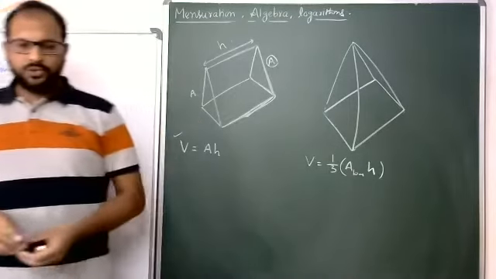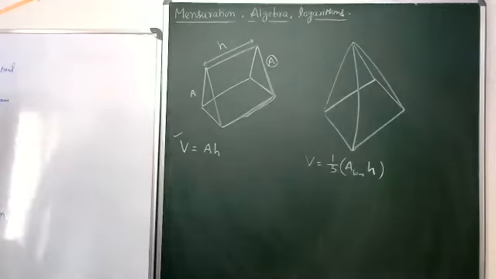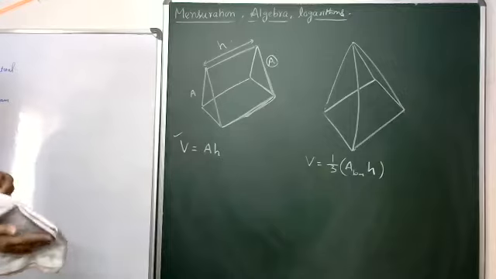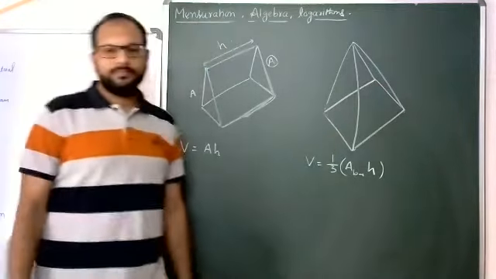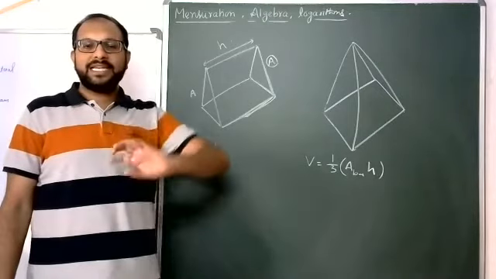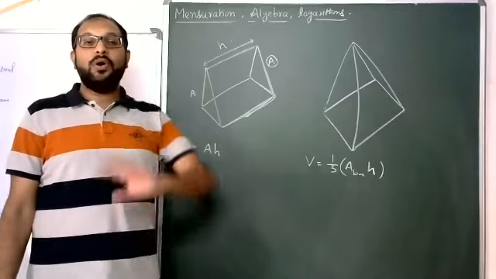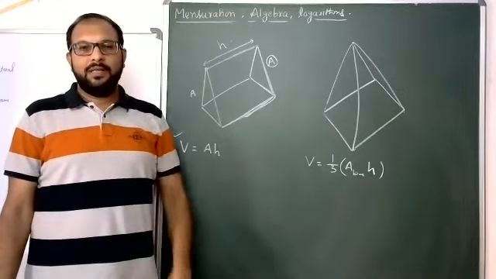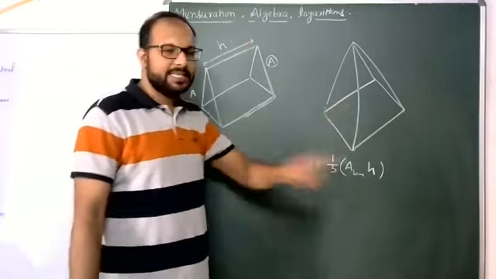So now these two cubical bodies, similar to that pyramid. One special case, suppose students here 4 sides I have taken. Suppose number of sides increasing 5, 6, 7, 8, 9 like that. More number is there. That is nothing but a cone. The special case of this pyramid is nothing but a cone.